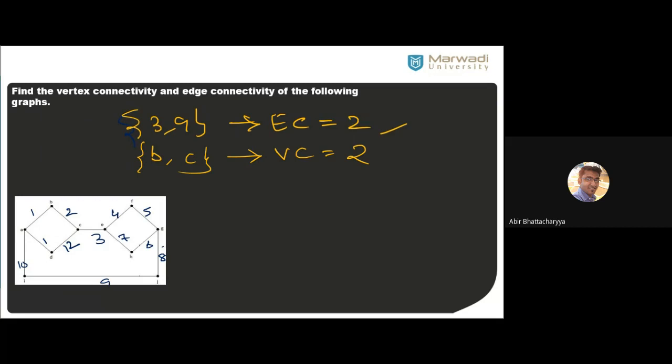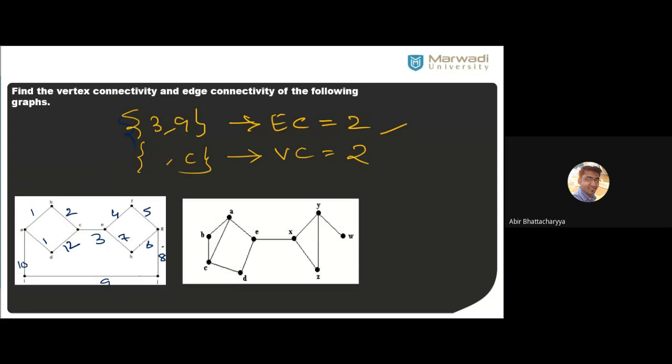Not possible. A and C. All right. So next graph for you, quick. Find VC and EC.